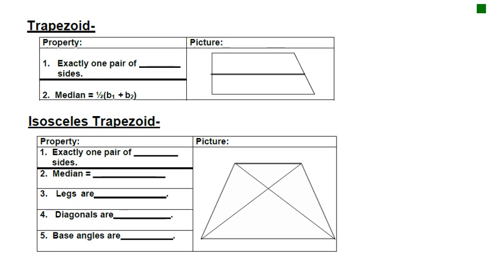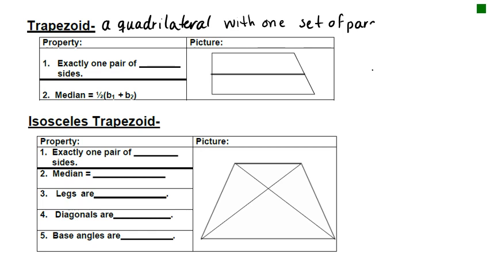A trapezoid is a quadrilateral with one set of parallel sides. If it has two sets of parallel sides, then it is a parallelogram.